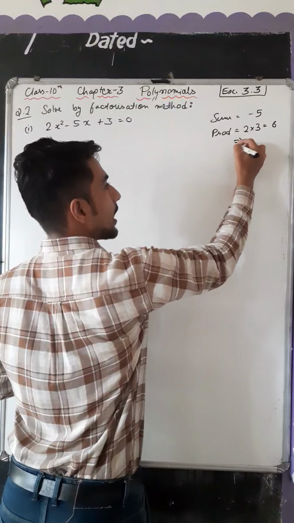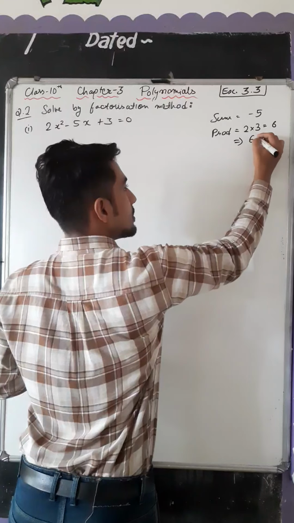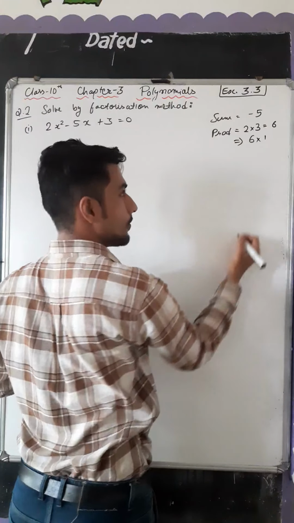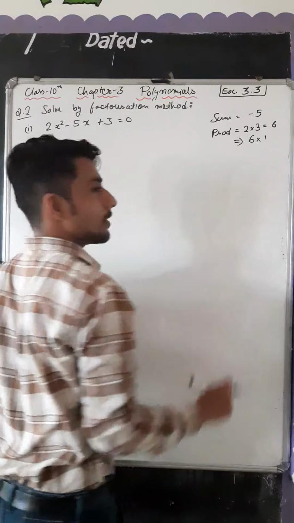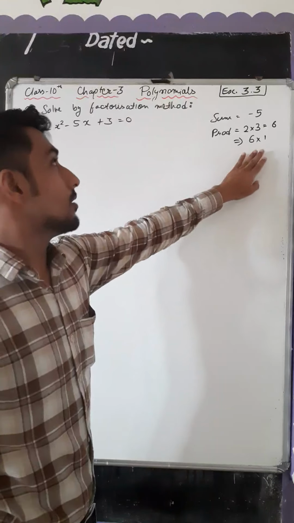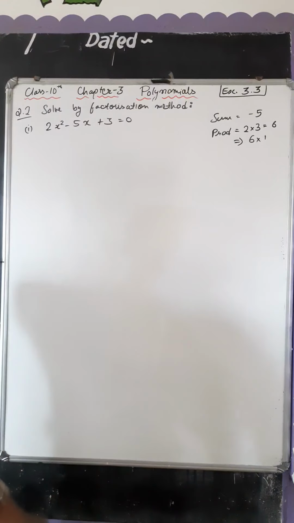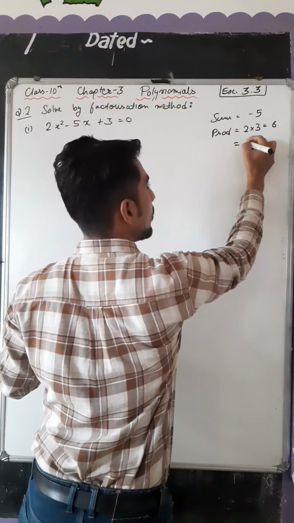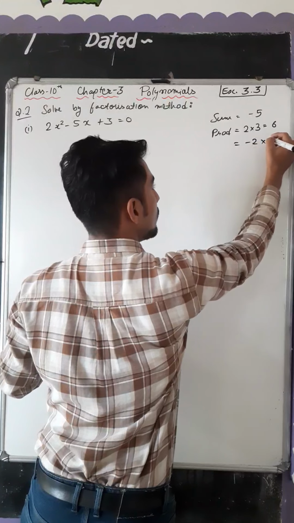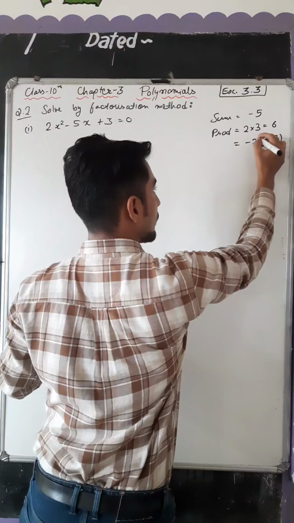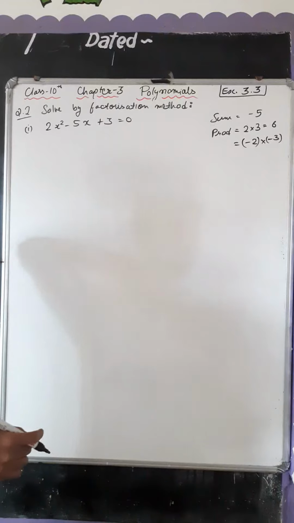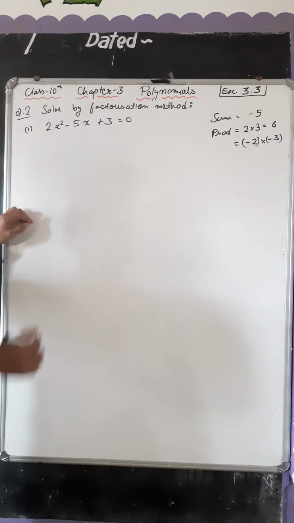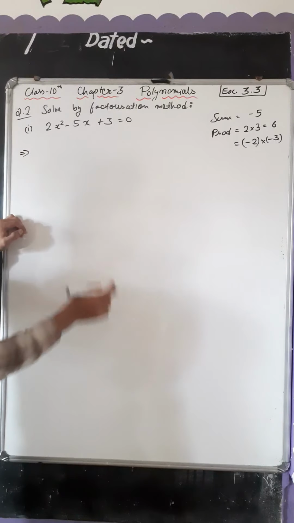This 6 can be written as 6 into 1, and this can also be written as minus 2 into minus 3, right? You can write it this way also. Why am I writing this? You will understand.